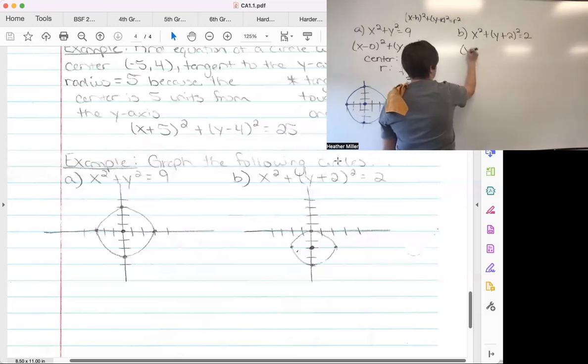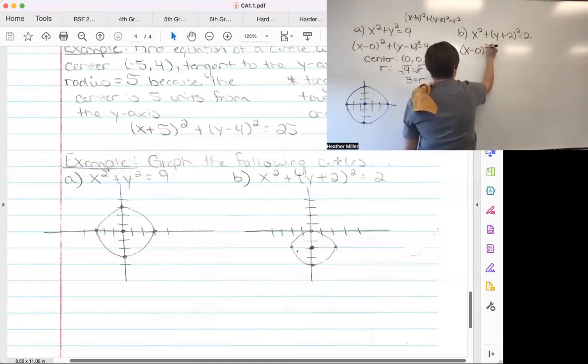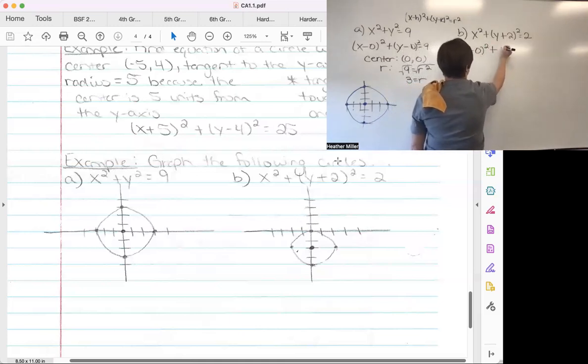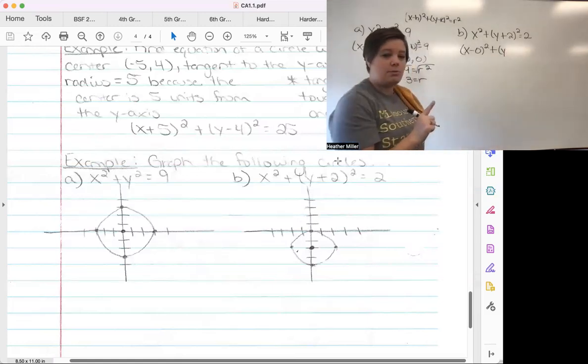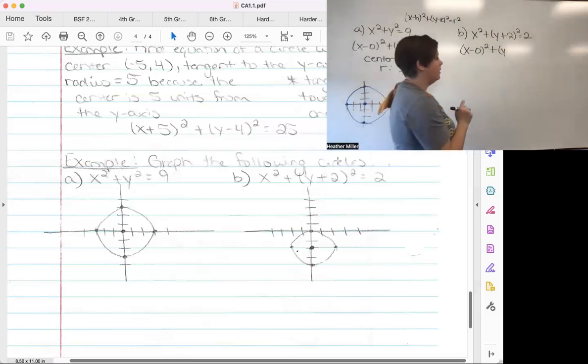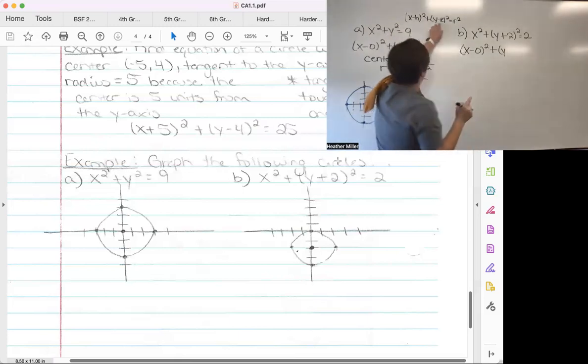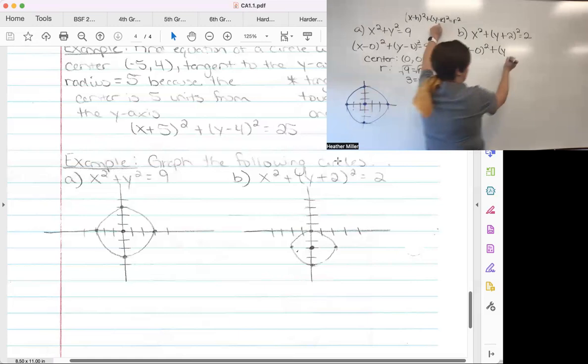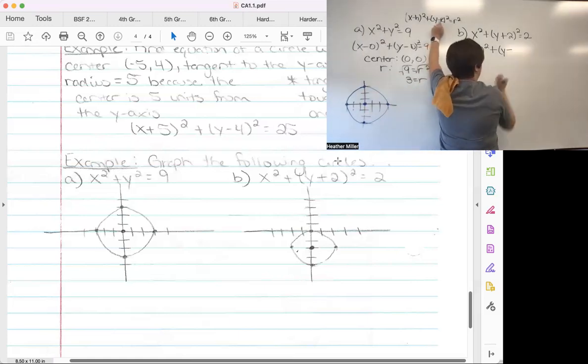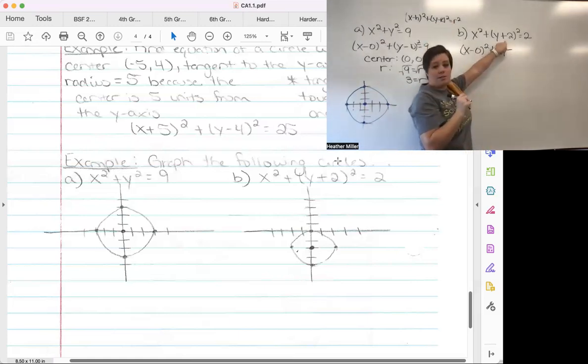So we could write this as (x minus 0) quantity squared plus, and then we'd have y. And I'm actually going to do something here because I want you to be able to pick out the value pretty quickly. Remember, the original equation has a minus. So I'm going to write minus, and I know it says plus. So how do I change a plus into a minus into a plus?